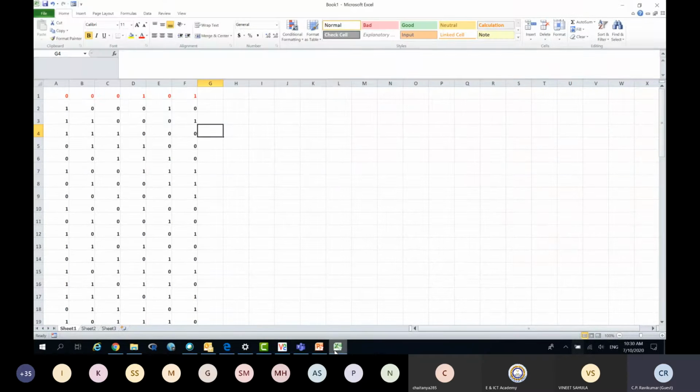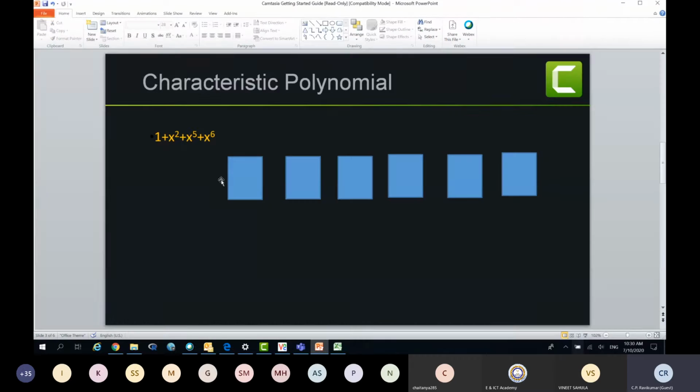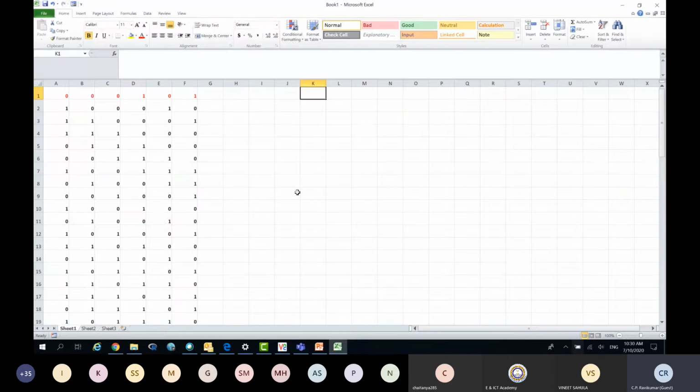Now let us do the same exercise, but this time let us take the one which I indicated here, 1 plus x power 2 plus x power 5 plus x power 6, right? So again, initially I have 0, 0. So I started with the same initial state.